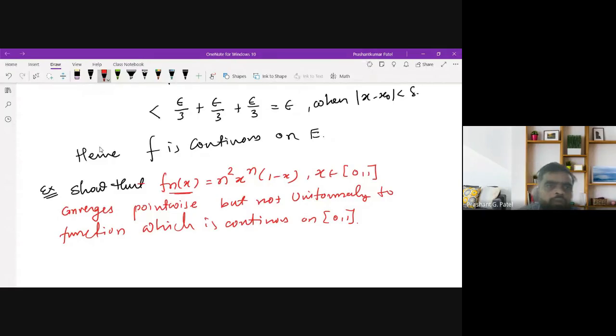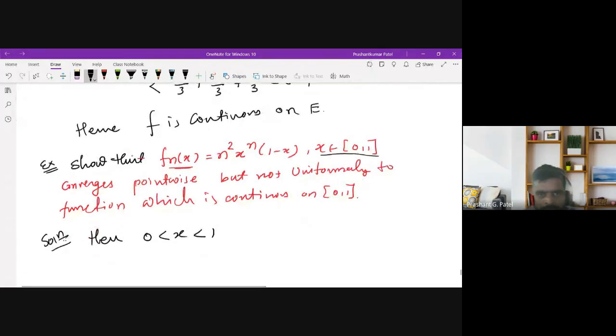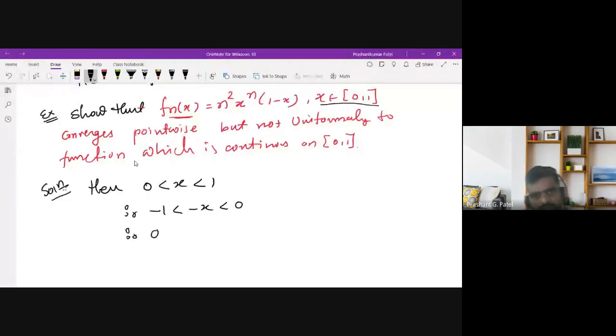So let us have the proof or a solution for this problem. Here what is given, your x is between 0 and 1, so I just take it is in the open interval (0, 1). Since x is in (0, 1), 1 − x is between 0 and 1. If I multiply by minus sign on both sides and add 1 on both sides, we get that 1 − x is between 0 and 1. So this is the bounded thing.